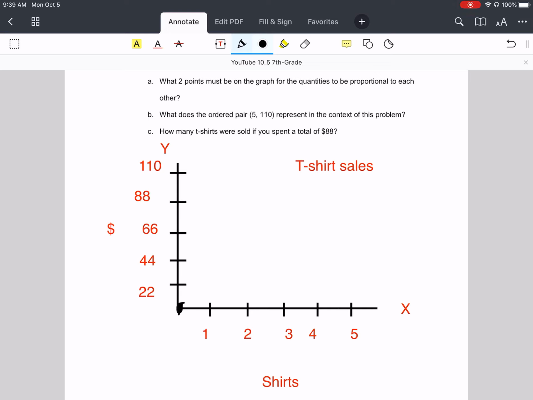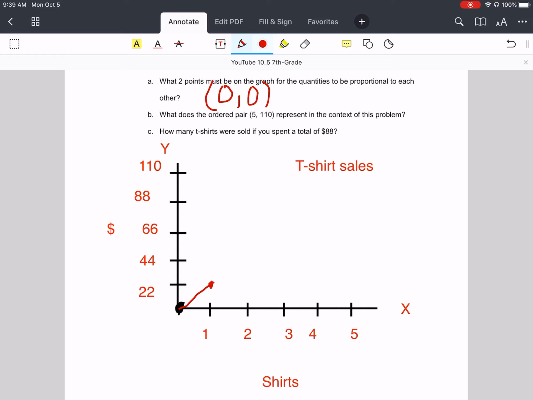And of course the origin is at 0, 0. So 0, 0 has to be on any graph that is proportional. So 0, 0 is necessary. And if we follow our graph, and we can tell that one t-shirt costs $22, that means that this would be a straight line, a perfectly straight line, just like I drew.